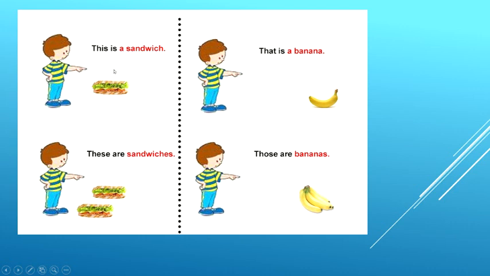Okay? In the same way, see the next illustration. That is a banana. Now you can see in the picture a banana is a singular object, but it is far from the speaker. So the demonstrative pronoun that is used.